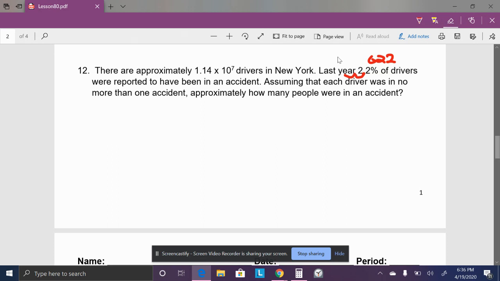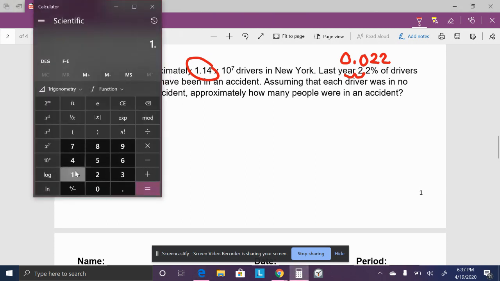Okay, I don't like how I wrote that, so I'm going to make it a little bit neater. 0.022. Then I multiply 1.14 times 0.022, and you get 0.02508.